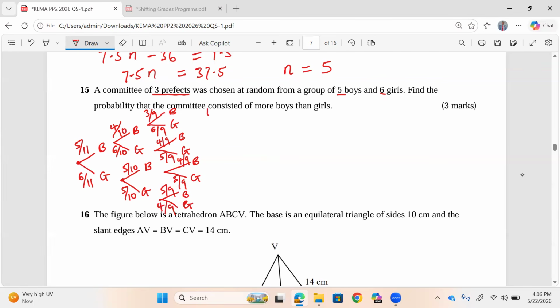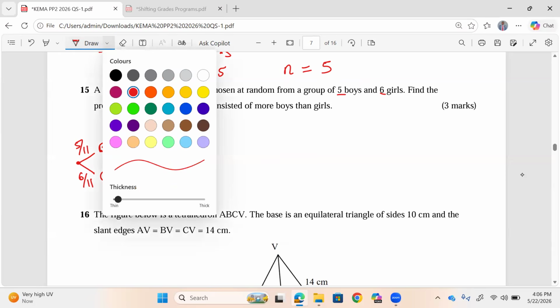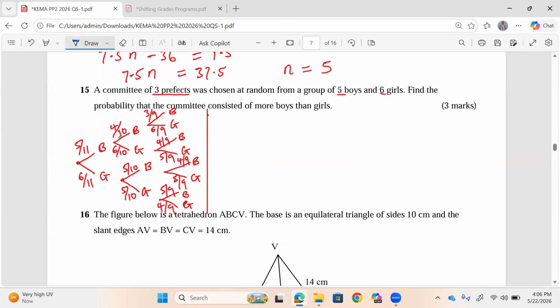So allow me now to sample out all the possibilities. To sample out possibilities means boy, boy, boy. Then boy, boy, girl. Then boy, girl, boy. Then boy, girl, girl.